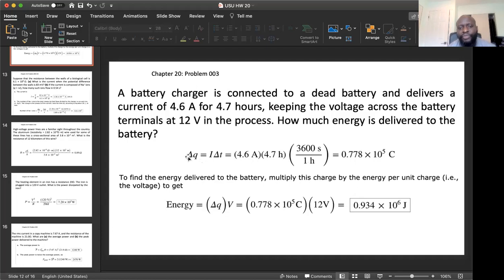If you want to bypass this delta Q stage, instead of saying charge times voltage, it's current times voltage times time. That is how we define energy. So it's power times time. Current times voltage, IV by itself, is power, times time. So it's the same thing, just using the charge notation.